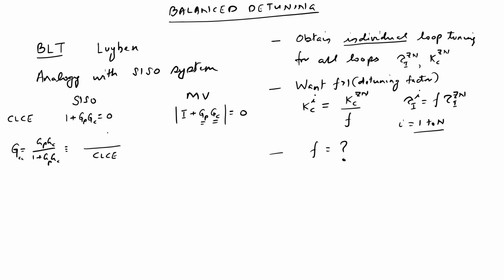and minus 1 plus the closed loop characteristic equation in the numerator.